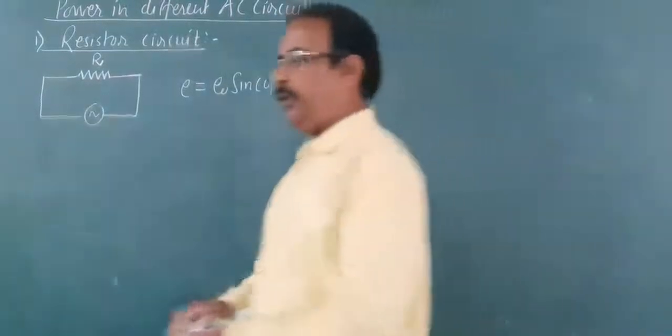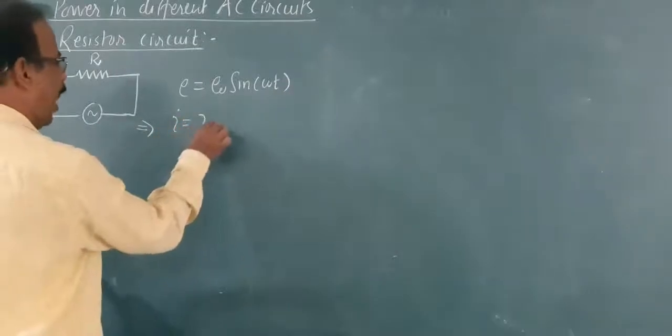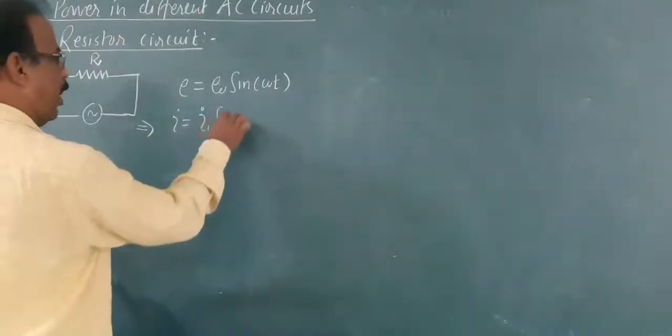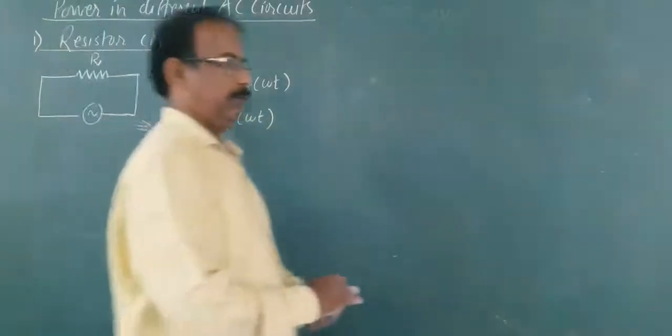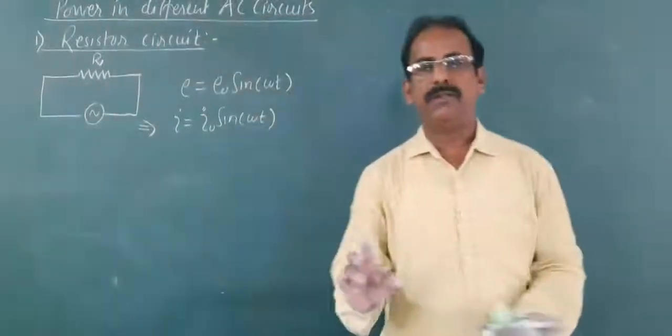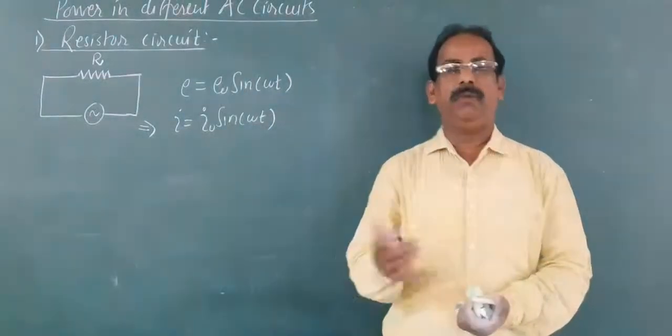Therefore, the equation for current we get is I0 sine of omega t. Current and EMF both are in same phase. I0 is the peak value of current, E0 is the peak value of EMF.